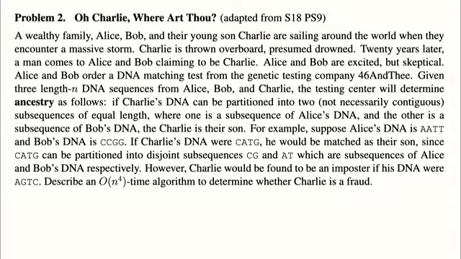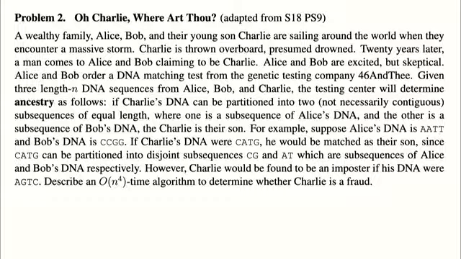If Charlie's DNA were CATG, they'd be matched, because CG is a subsequence of Charlie's DNA and is a subsequence of Bob's DNA, and AT is a subsequence of Charlie's DNA and also a subsequence of Alice's DNA. So we've partitioned it into 2 equal length subsequences. These are not necessarily consecutive, but just any subsequences, such that they appear in Alice and Bob.